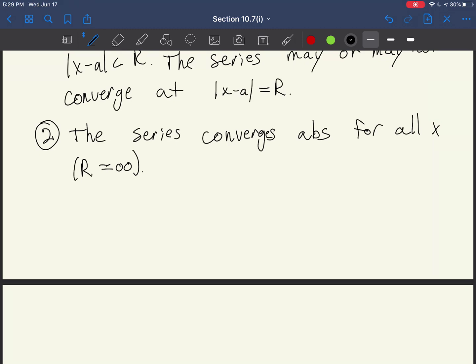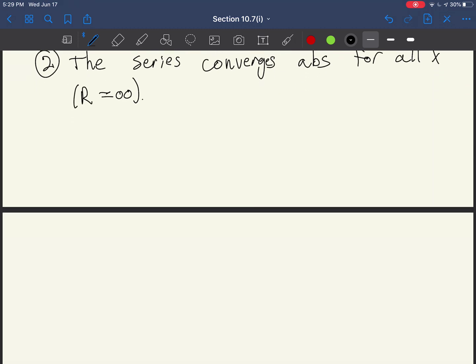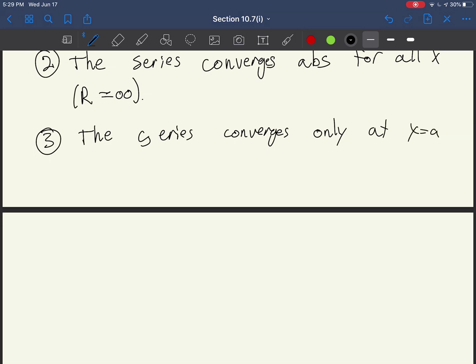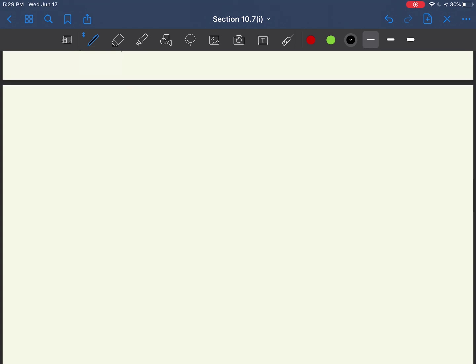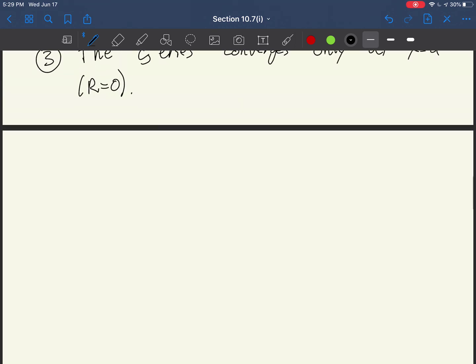In this case, we would say r is infinity. We saw this in the second example we did, x to the n divided by n factorial. If it doesn't satisfy either 1 or 2, then we know that the series converges only at x equals a. And we would say that r equals 0 here. And this is from that last example that we did.